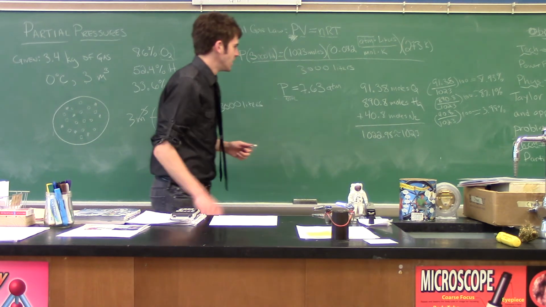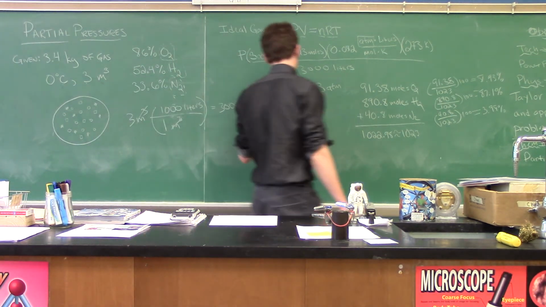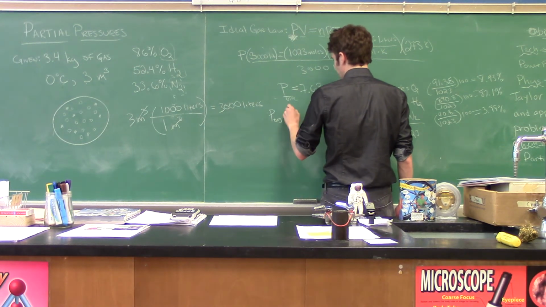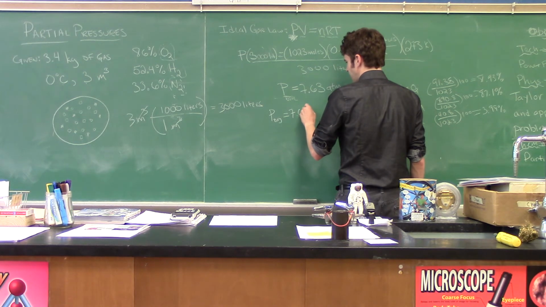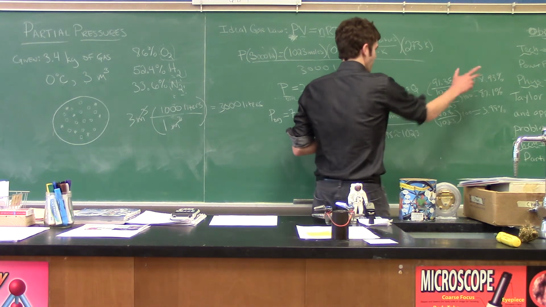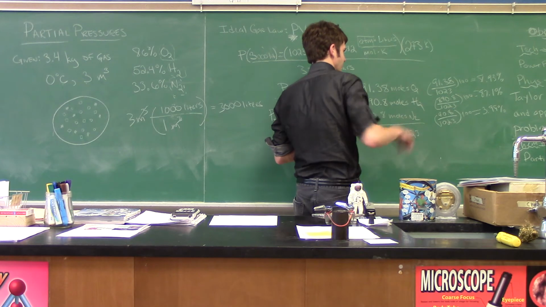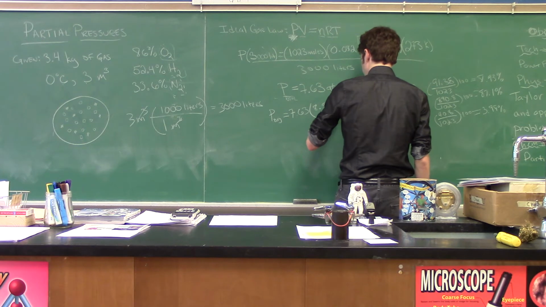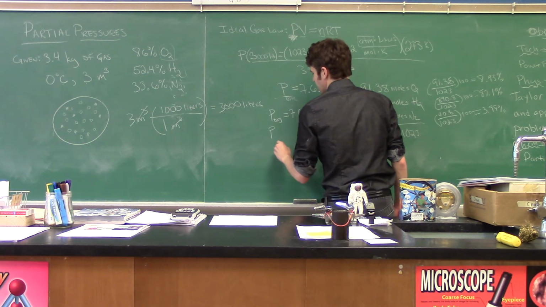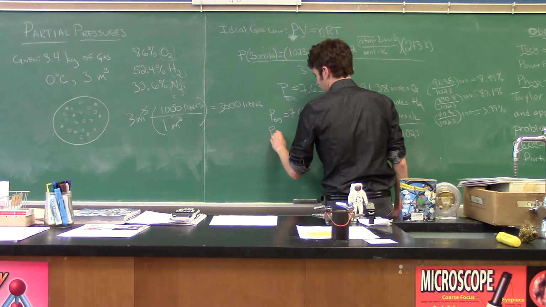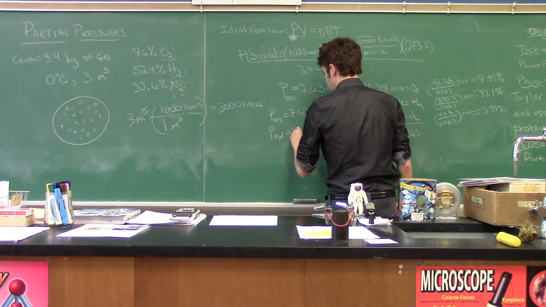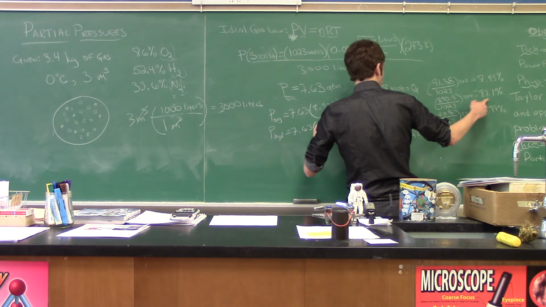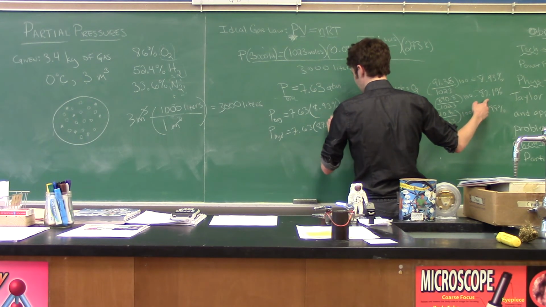All right. So to get the partial pressure, the pressure just due to oxygen is equal to our total pressure, 7.63, times the percent that is due to oxygen, 8.93%. The partial pressure due to hydrogen is going to be 7.63 times its percent, 87.1.